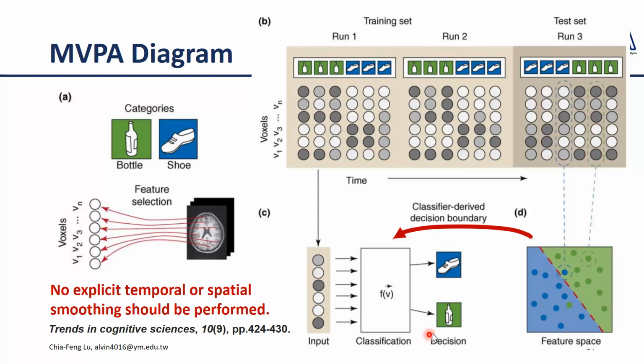Now you try to use the machine learning model. For example, this may be the support vector machine. You try to understand the category blue, that means the shoe picture, and the category red, that means the bottle picture.